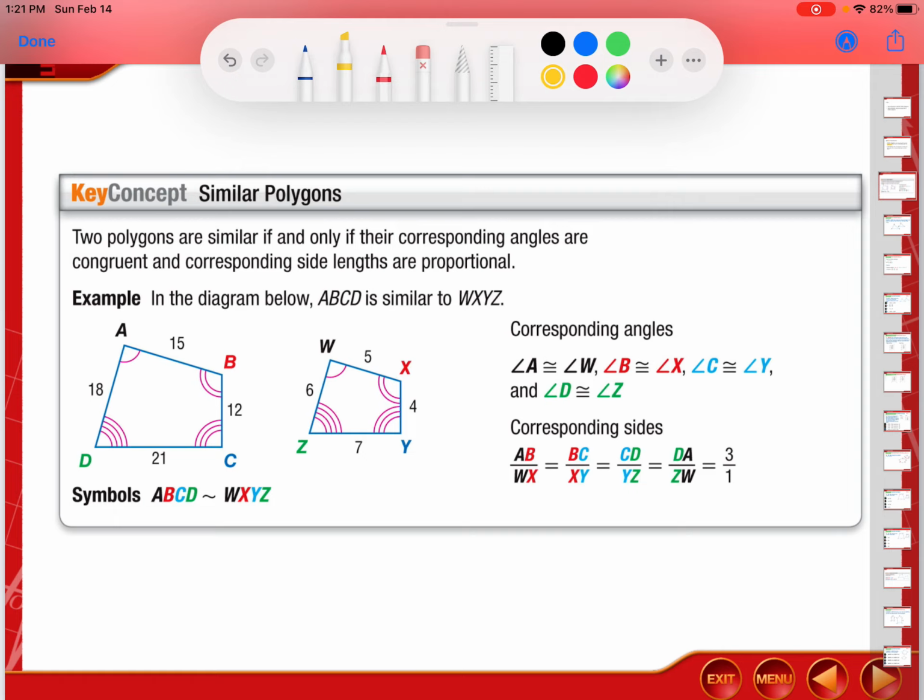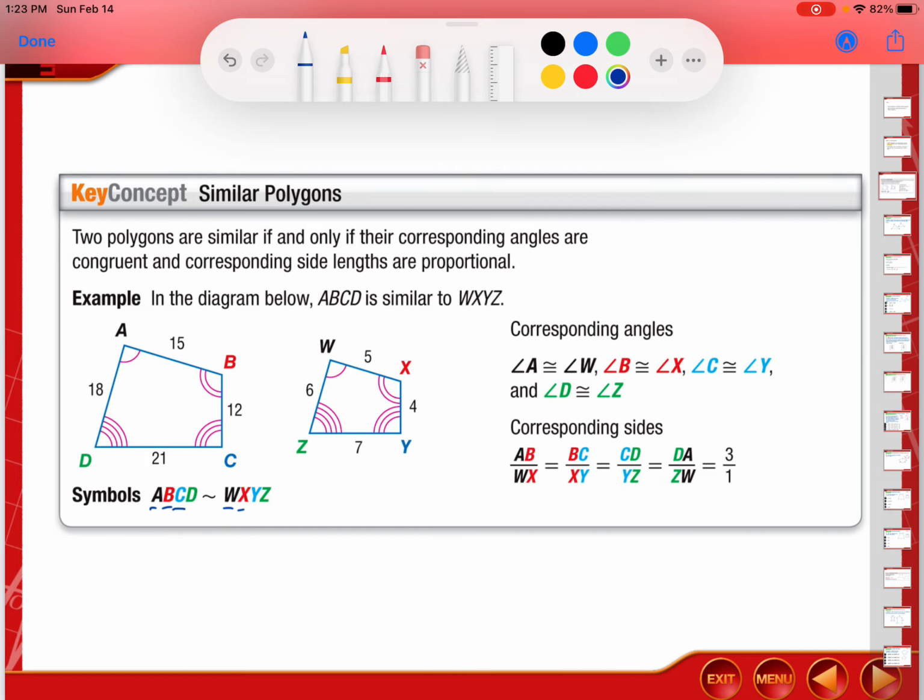So I really like the graphic here because it highlights how we can write our similarity statements using just the way that phrasing works. The similarity statements here are highlighted by the colors that they used. So A is black, that corresponds to W, which is black.